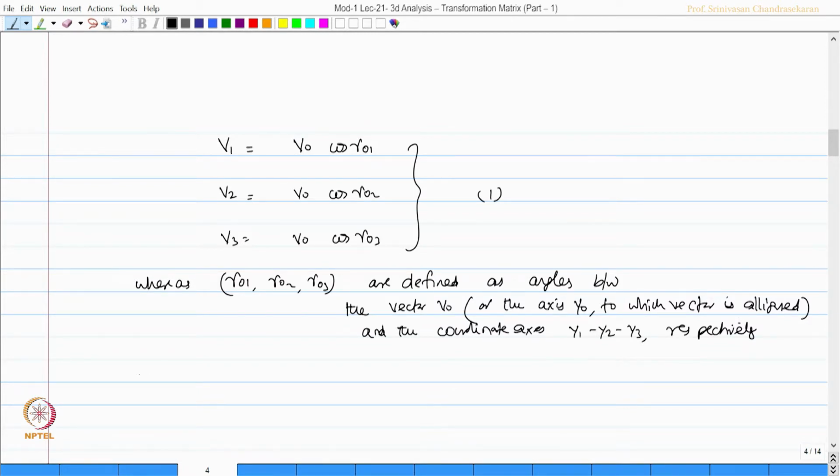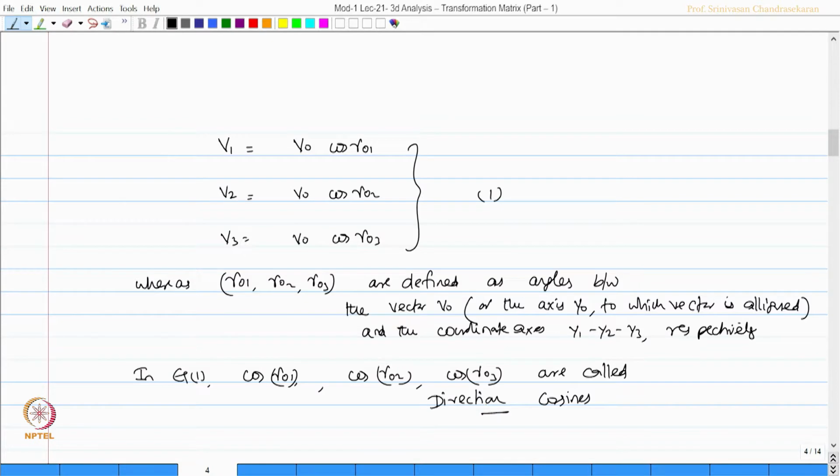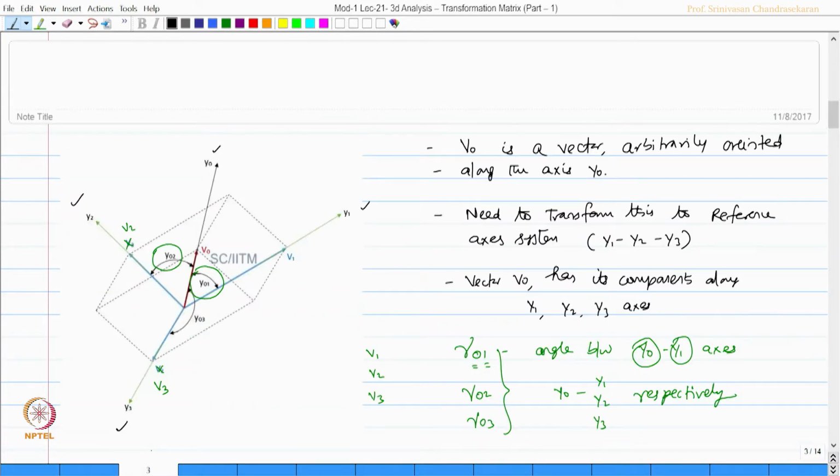Now, in the above equation 1, the terms cos gamma 1, cos gamma 2, cos gamma 3 are called direction cosines.